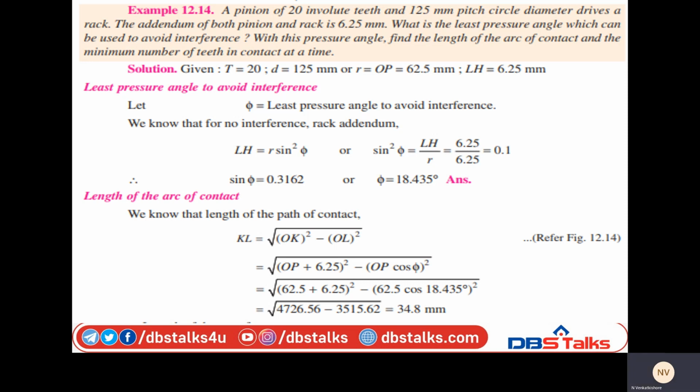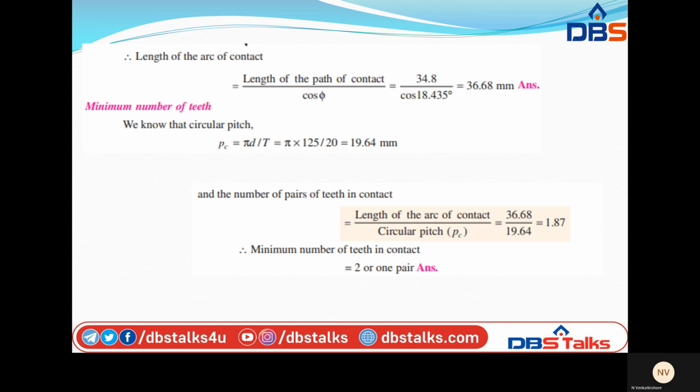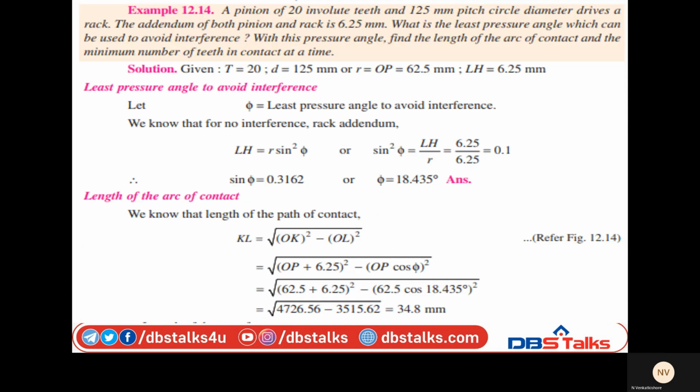With this pressure angle, find the length of the arc of contact and the minimum number of teeth in contact. Then what is the given data? Pinion of 20 involute teeth. So T is equal to 20 and small d is equal to 125.